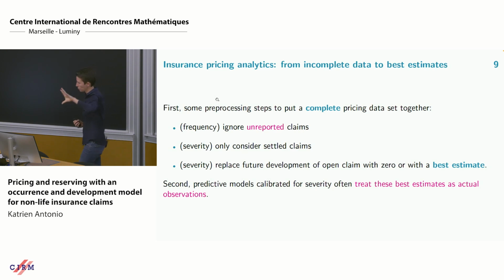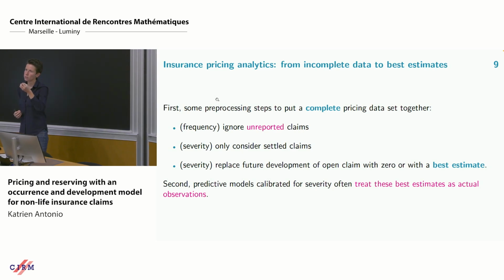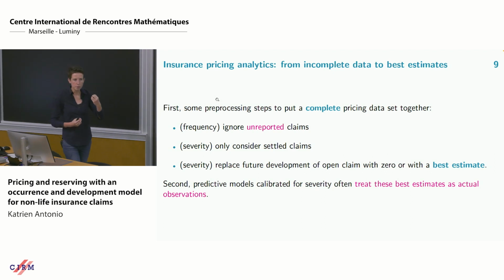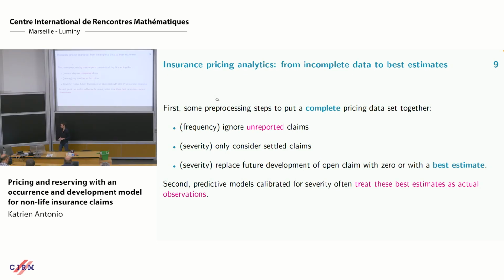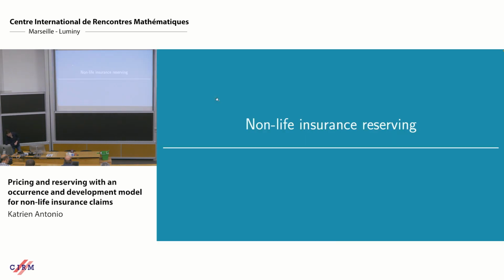So that's also one of the things we want to investigate in this paper. What is the impact of calibrating your severity models for pricing on these completed best estimates, treating them in the same way as the actual complete observations that you have in your data set? So you will see that idea coming back later on in this talk.